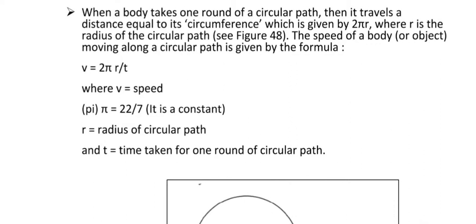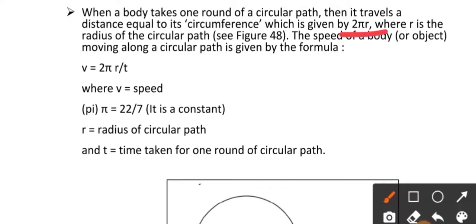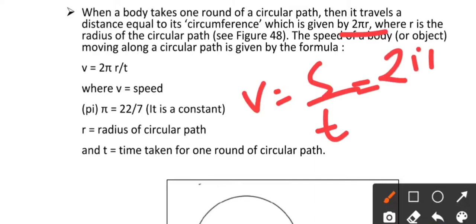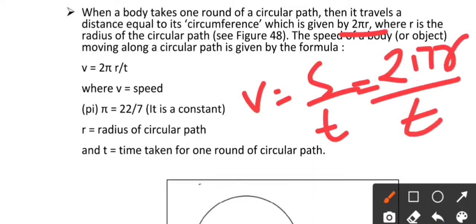To calculate the speed of a body in uniform circular motion, if it is moving in a circular path, then it is traveling a distance equal to its circumference, which is given as 2 pi r, where r is the radius of the circle. So speed is distance upon time, distance will become 2 pi r, the circumference, upon time.